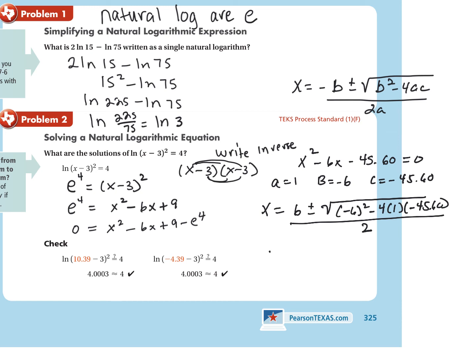Okay, this is what I get. I get x equals 6 plus or minus square root of 218 divided by 2.